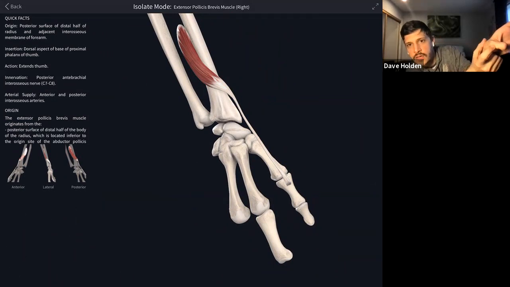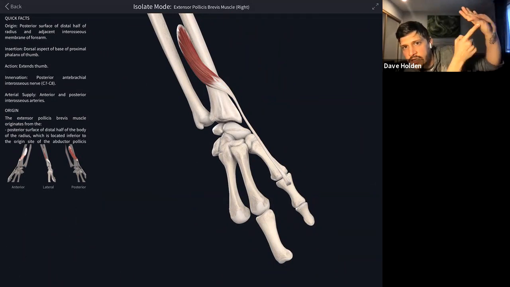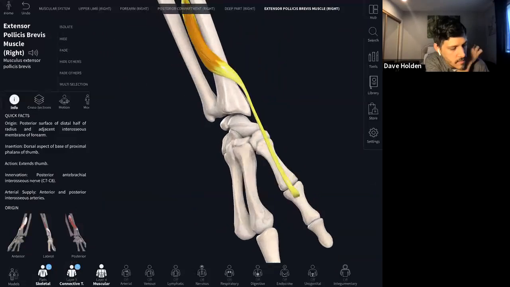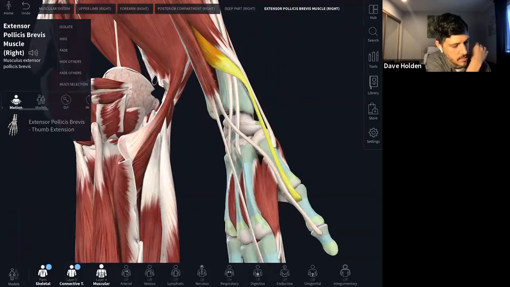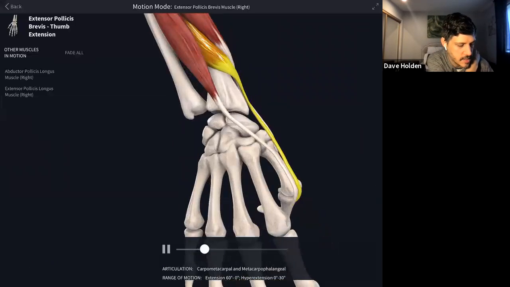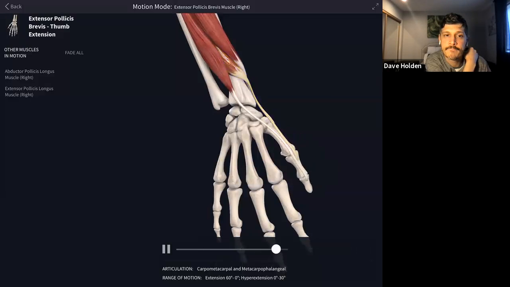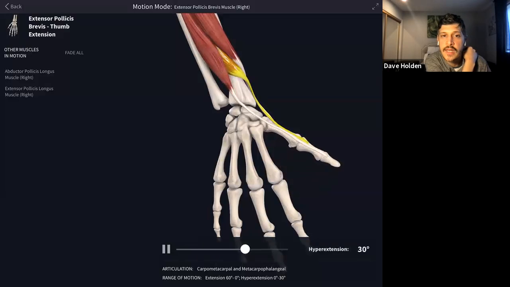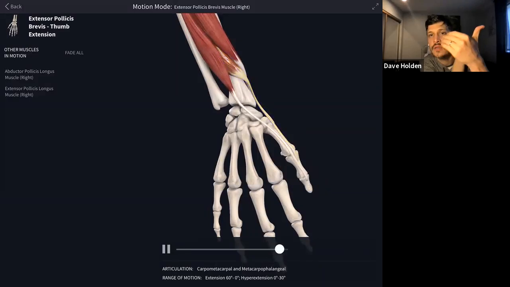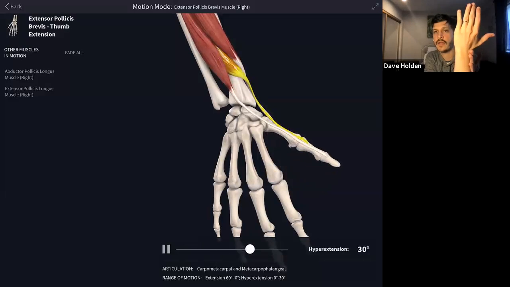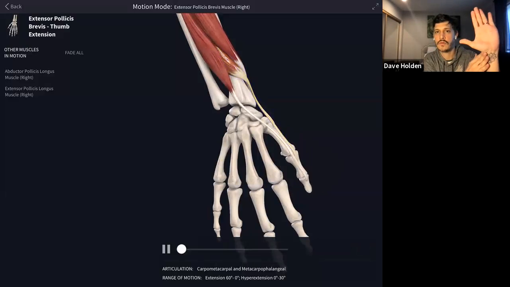This one inserted on the proximal phalanx. So there. And it does thumb extension. But we can also see, since it does thumb extension and it crosses the wrist, it will also do radial deviation.